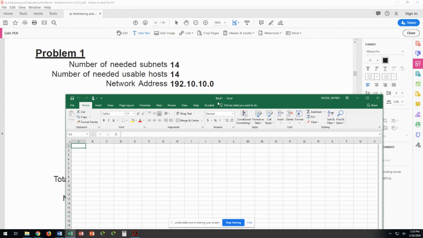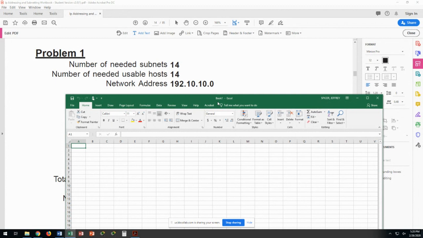So we have to subtract 2, right? So that gives us 14 usable IPs or available IPs. So we have to always subtract 2 from our total IPs because we have to have the network ID and the broadcast ID. So now what we've done is we broke this up into 16 networks.